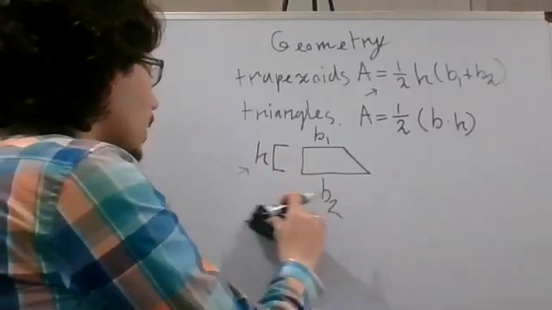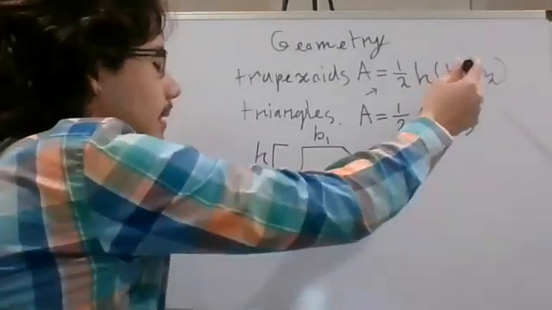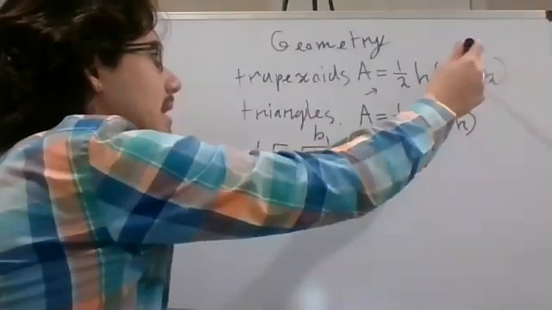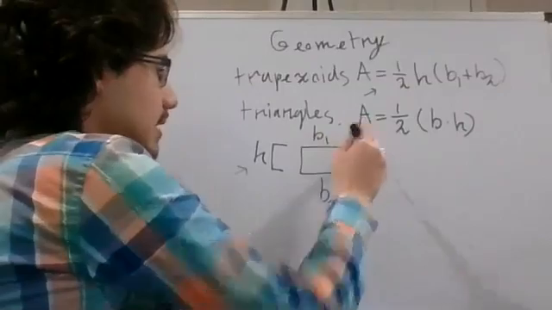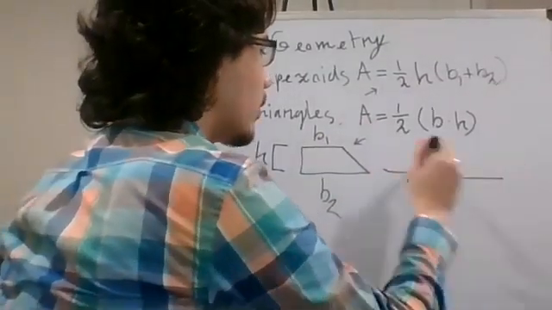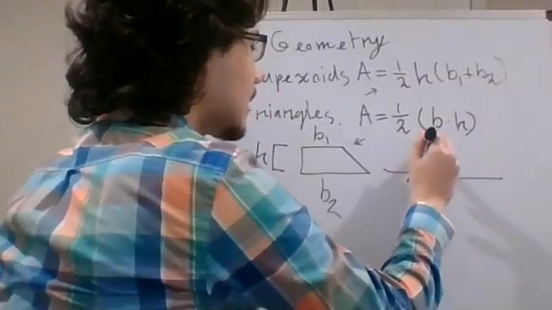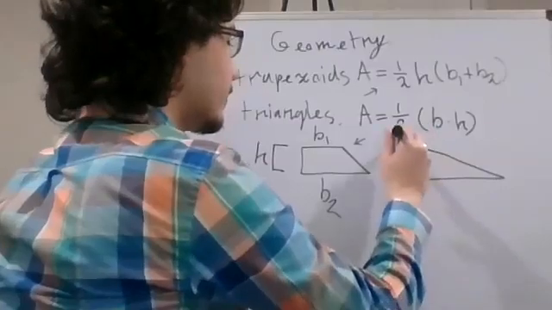However, when we looked and saw that if we made one base 0, so this base, for instance, if we made our base 0, then it would turn into a triangle.